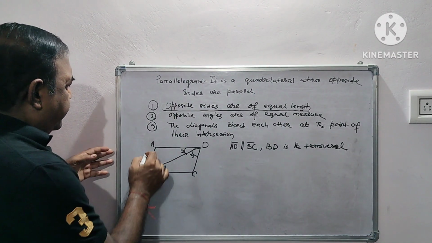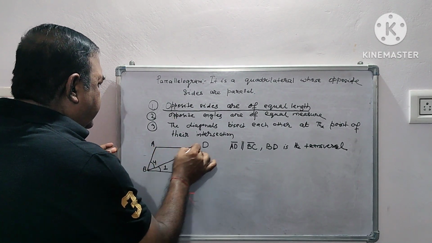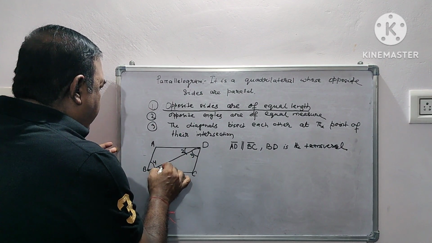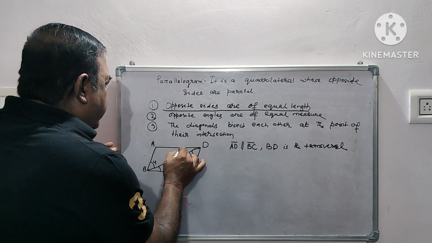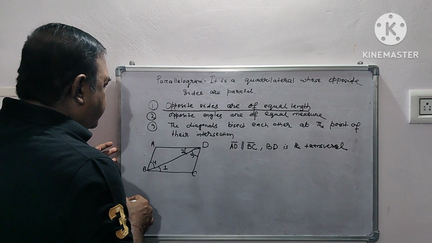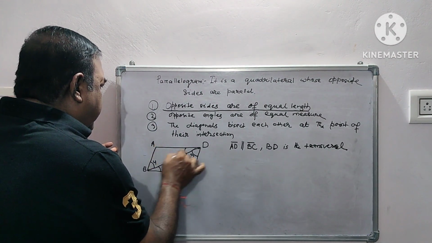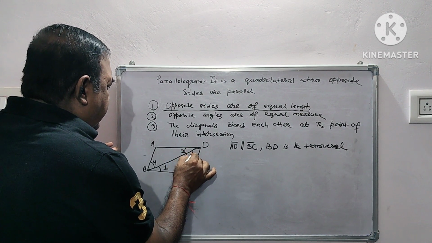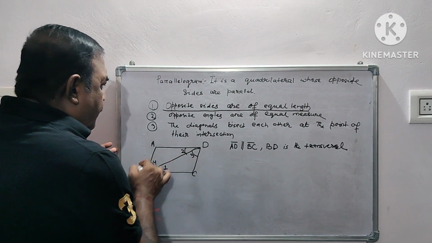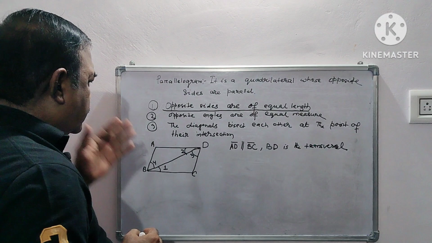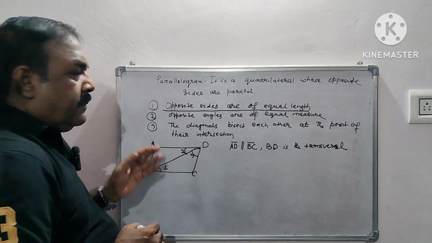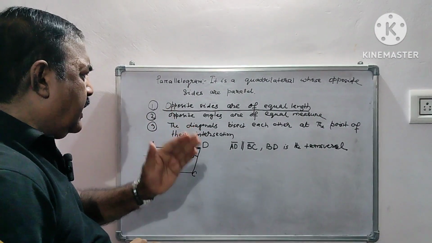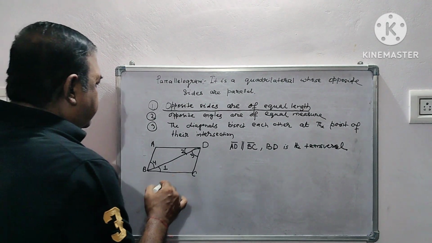So you see, AD is parallel to BC and BD is the transversal, and angle 1 measures equally with angle 2. Like that, AB is parallel to DC and the same BD is the transversal, and angle 3 is equal to angle 4 in measurement. Okay? So both angle 3 and angle 4 measure equally.